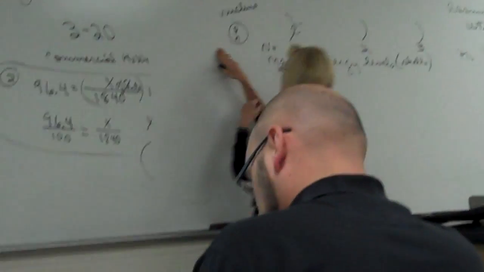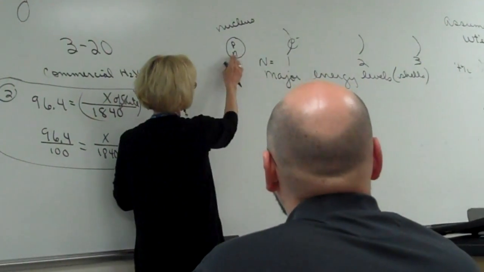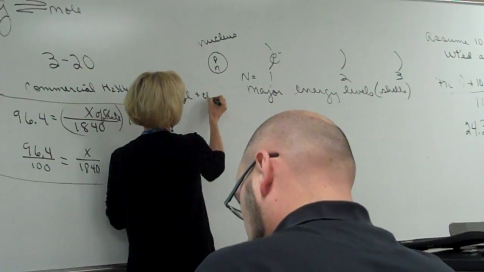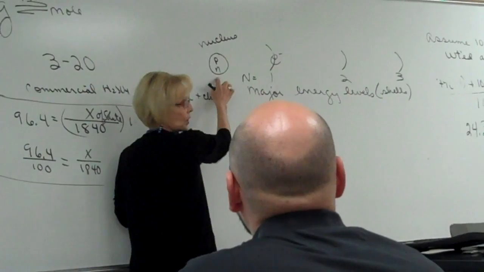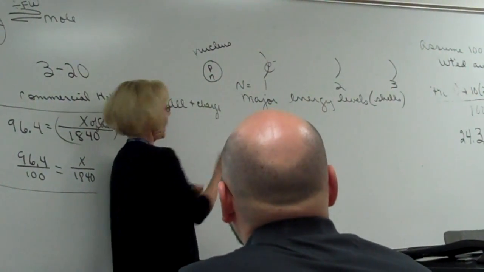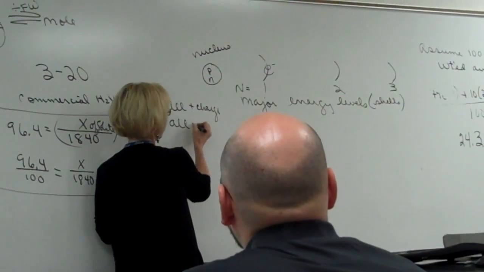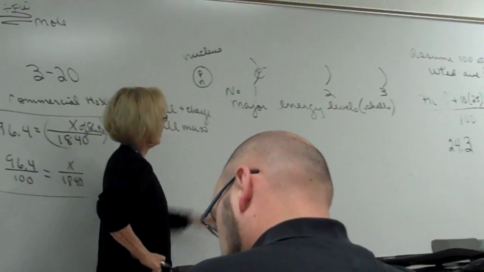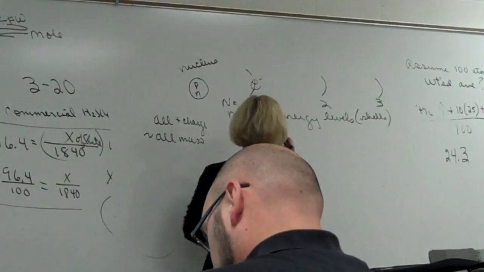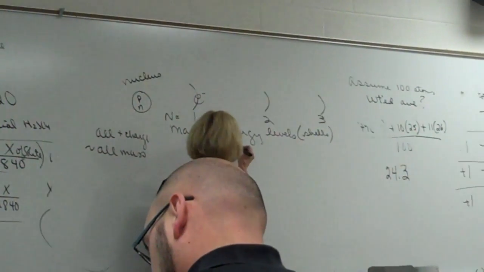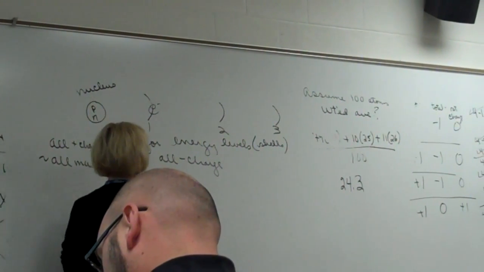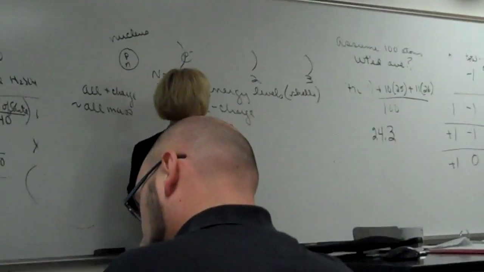And what's interesting, some characteristics here: in the nucleus, all positive charge is found, and essentially all mass is found in that nucleus. When we come out to the energy levels, all negative charge is found out there, and essentially no mass is found out there.